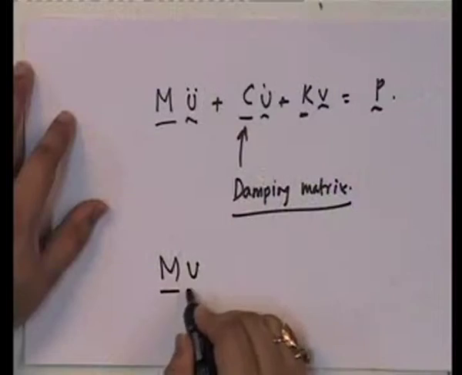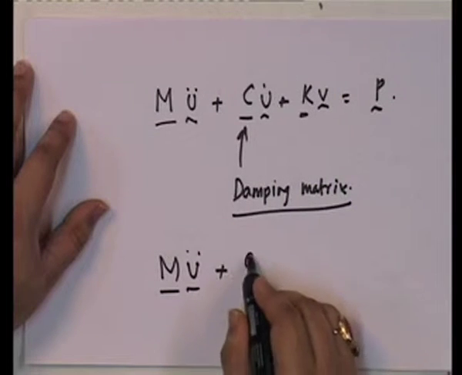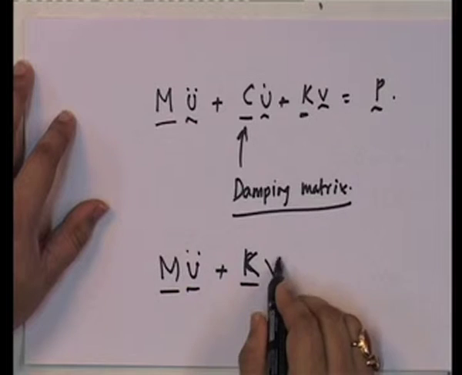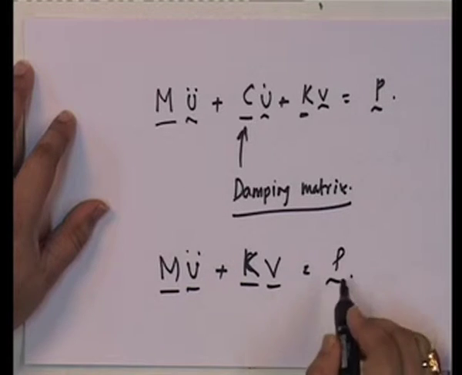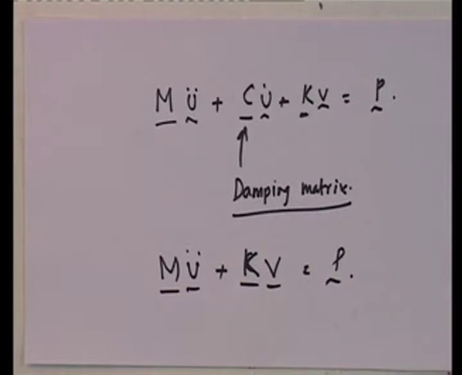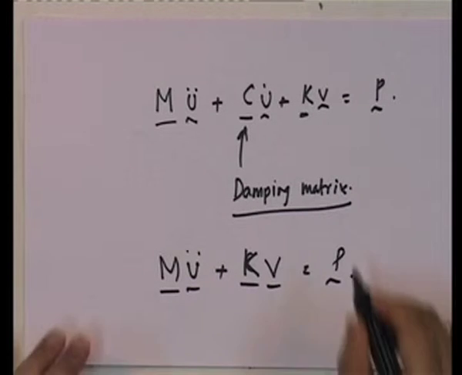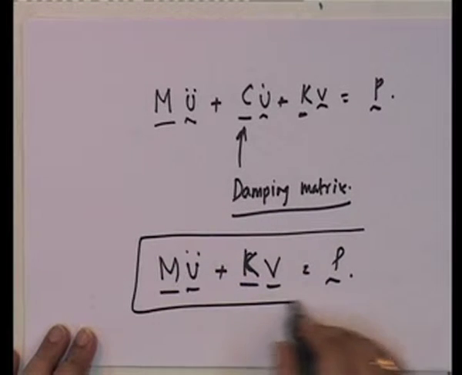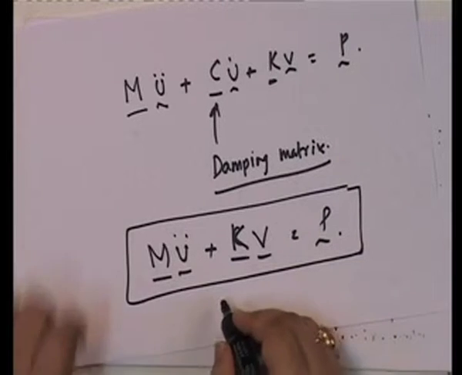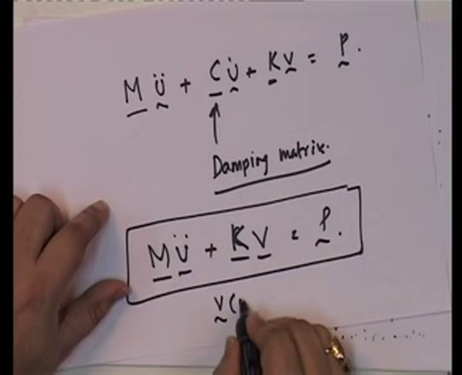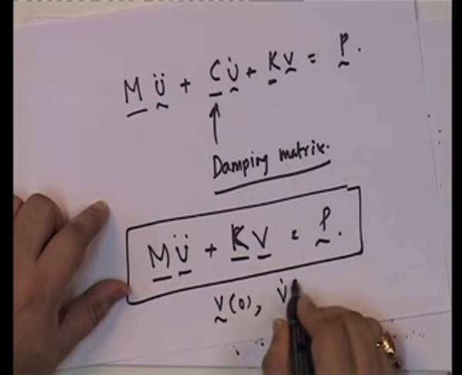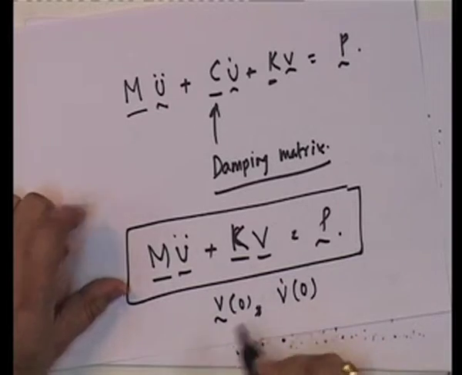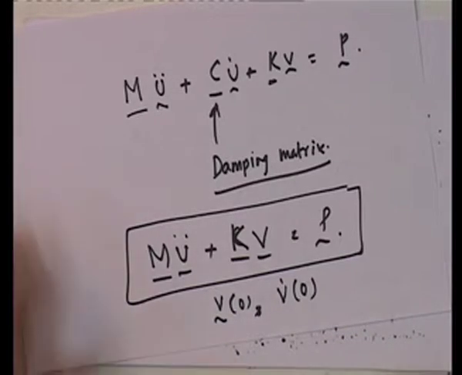Let us look at the undamped system response. Okay. So, undamped system response is essentially this, subject to initial conditions given by these two. So, this is the problem that we are looking at, the undamped system.